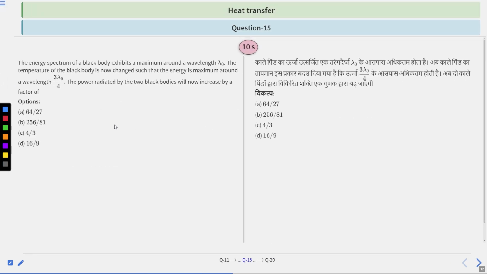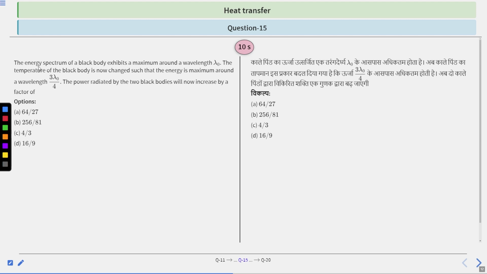Question 15. The energy spectrum of a black body exhibits a maximum around a wavelength lambda naught. The temperature of the black body is now changed such that the energy is maximum around a wavelength 3 lambda naught by 4. The power radiated by the black body will now increase by a factor of what?